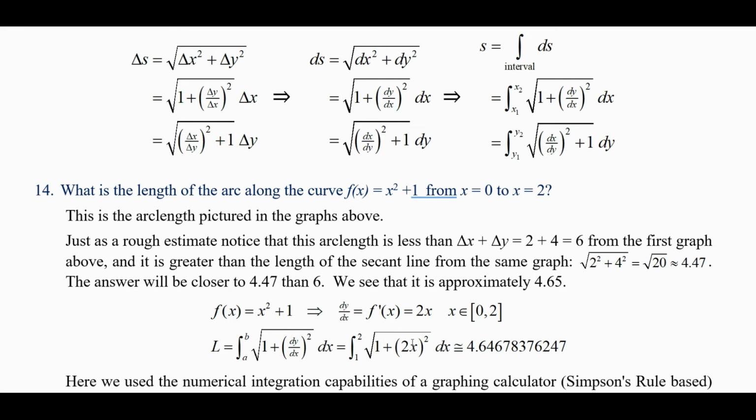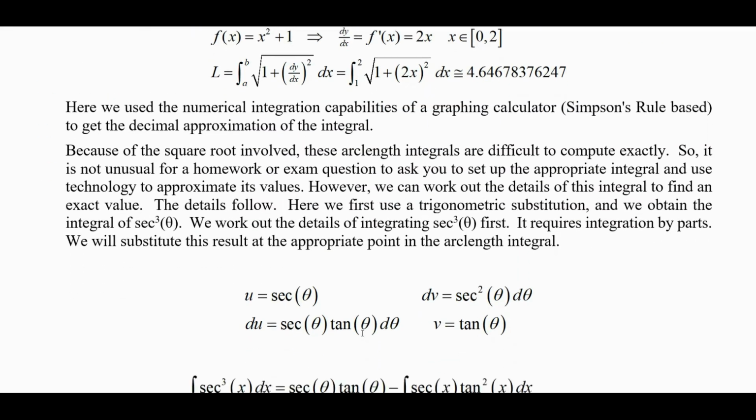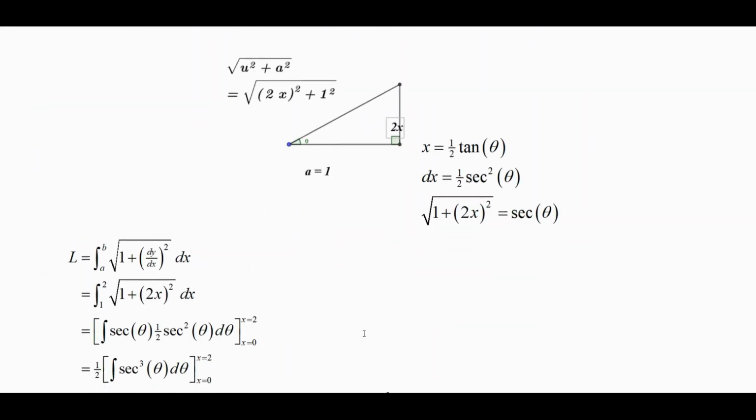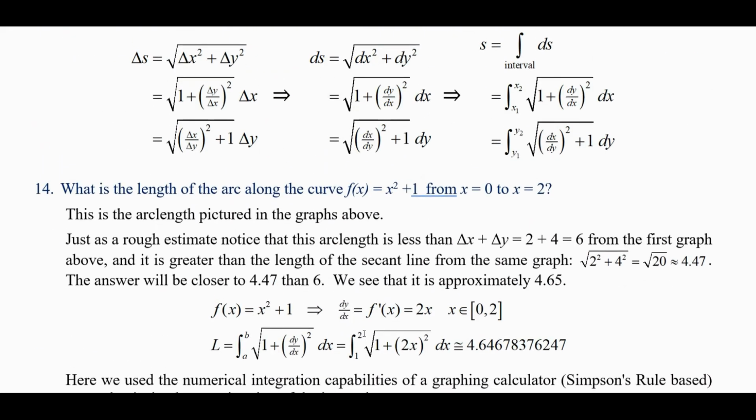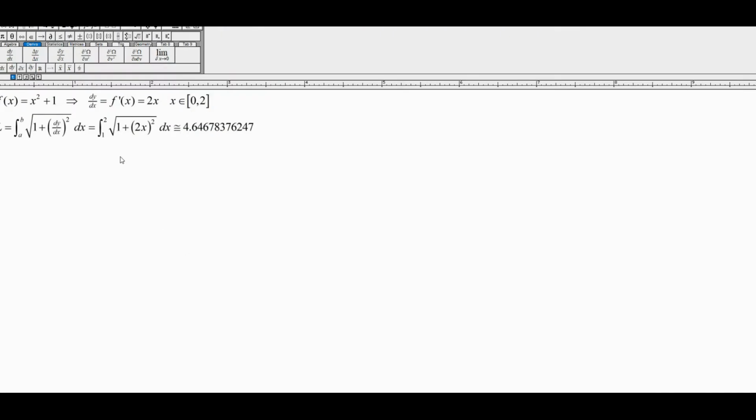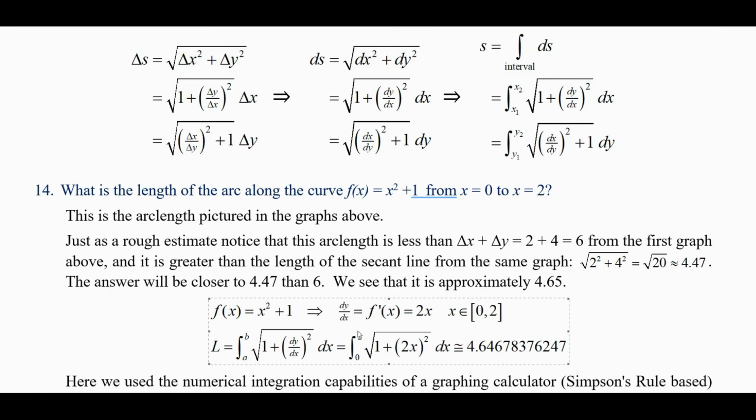And so that's 1 plus the derivative squared, and we want to integrate that from 1 to 2? From 0 to 2. Yeah, 0 to 2 is what I want to do. I need to fix that. From 0 to 2.